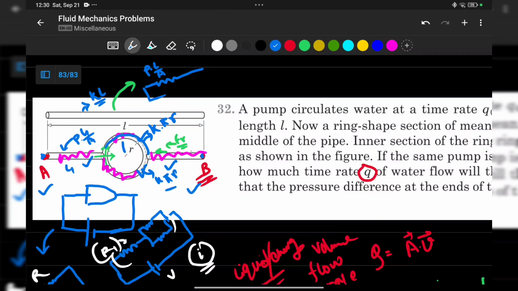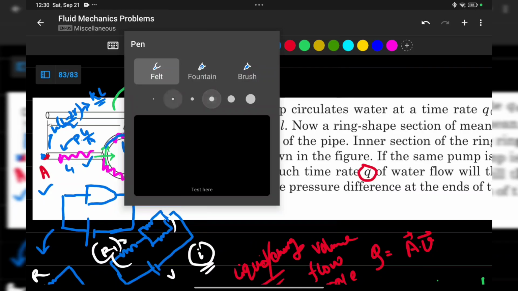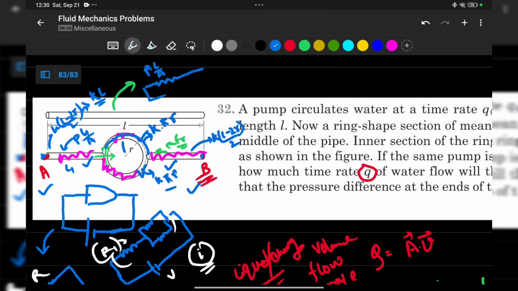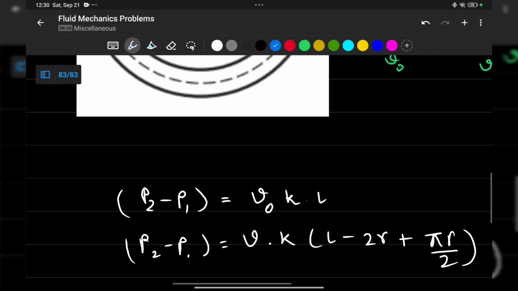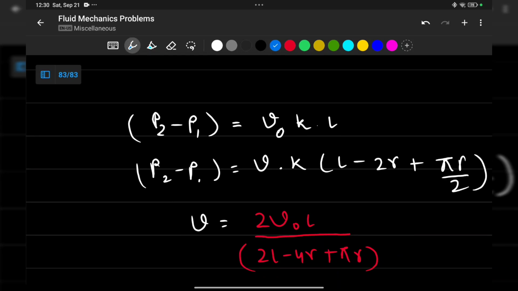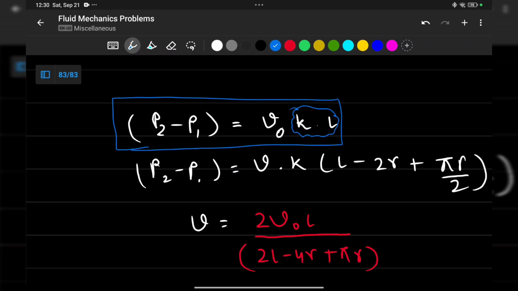This will give k into (L minus 2r) by 2, and this will also give k into (L minus 2r) by 2, and just like that these will be in parallel. Here is the calculation part. This is the P2 minus P1 term. This is kL in the previous case, and now it becomes k into (L minus 2r) plus the parallel part with pi r by 2, right?